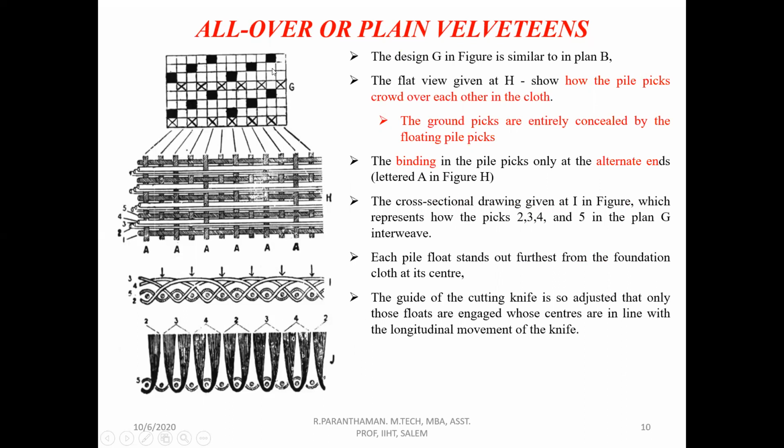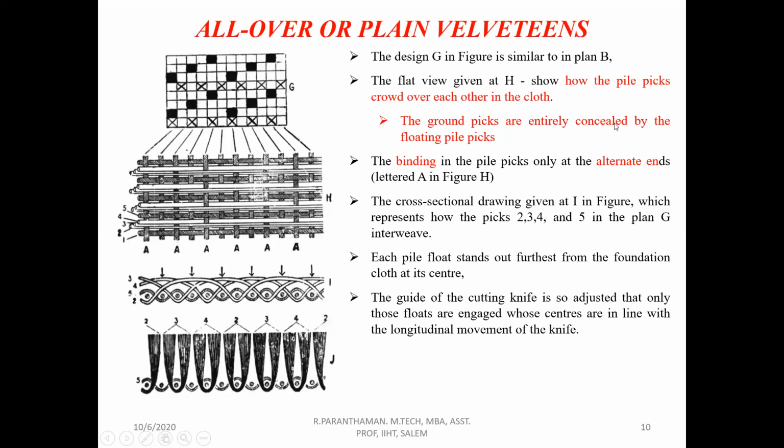And the design G, here the design G is the same as the plan B. The flat view given at H is a thread interlacement diagram, a flat view of the thread interlacement. So it shows how the pile picks are crowded over each other in the cloth.